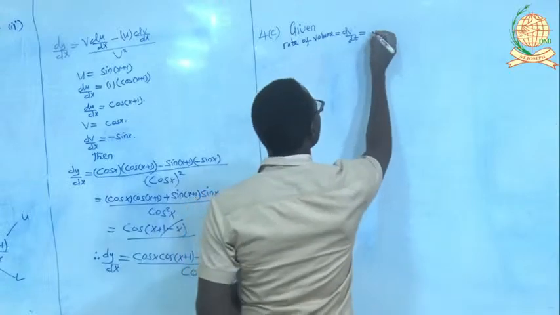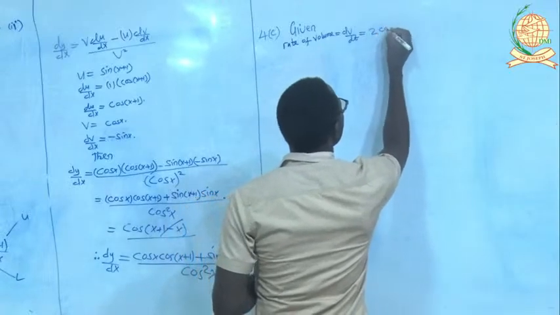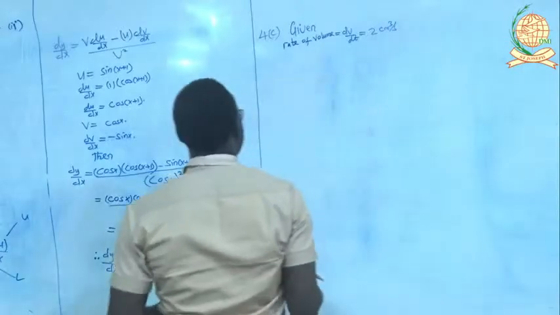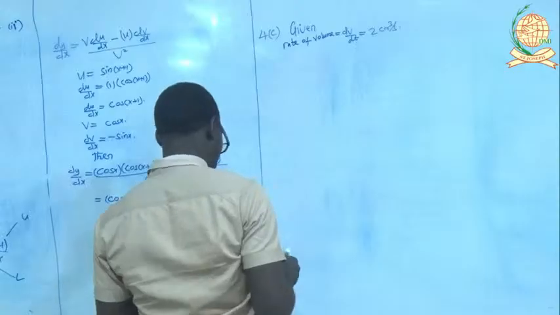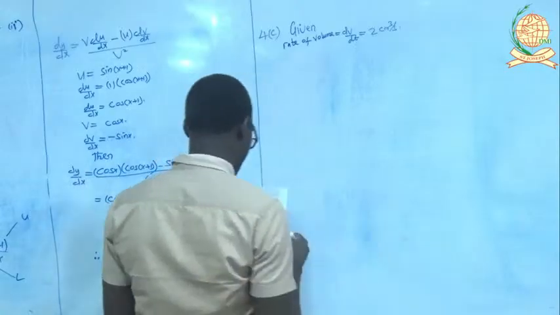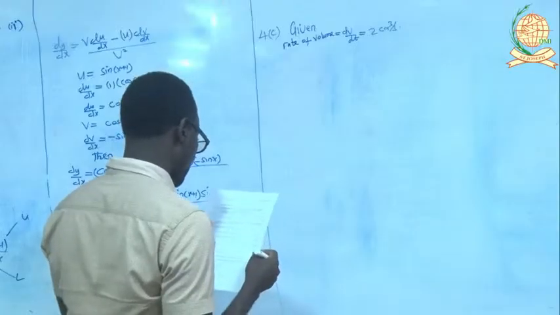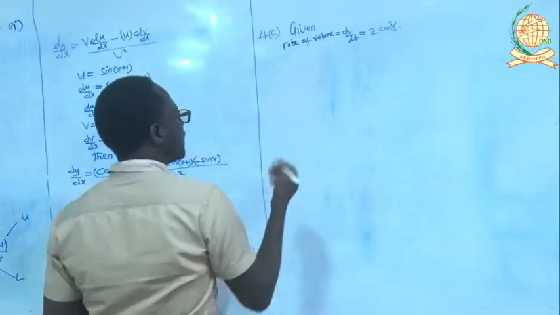This is equal to 2 cubic centimeters per second. Again, it is the cube. And we need to find the rate of change of the side of the base when its length is equal to that one.